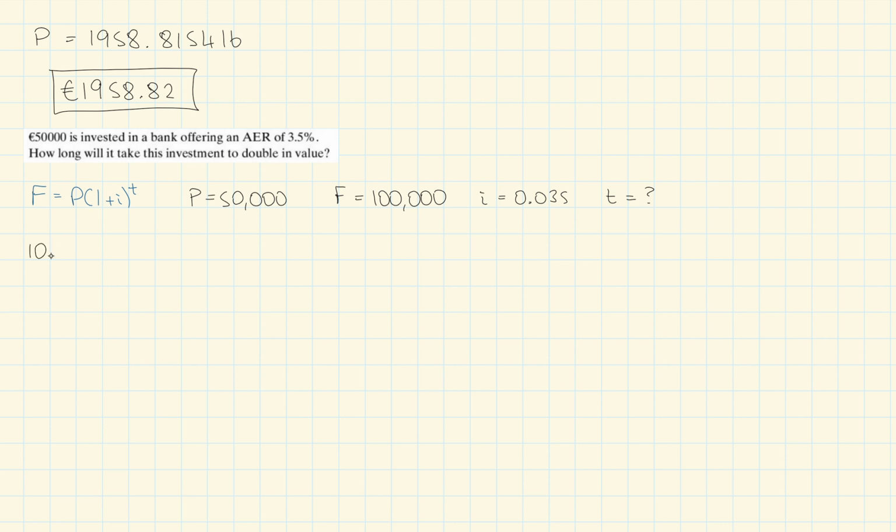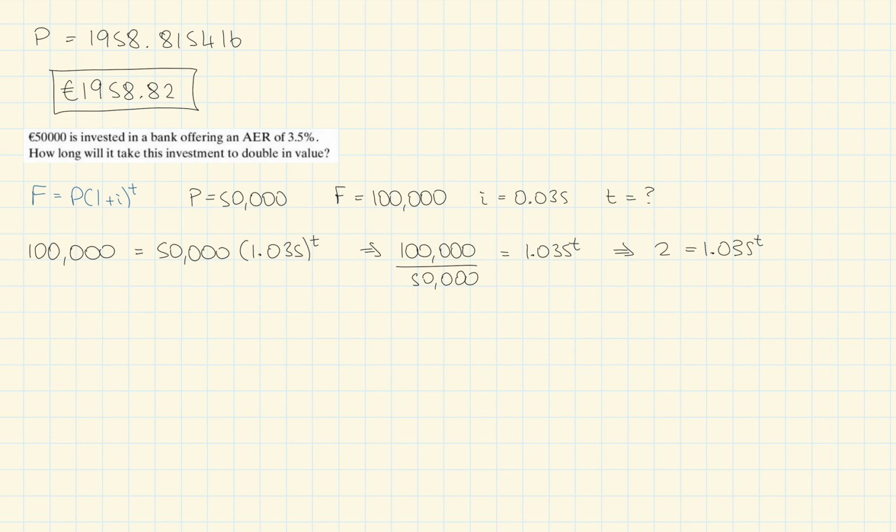So we get 100,000 equals 50,000 times 1.035 to the power of t. I'll divide across by 50,000. So we'll get 2 is equal to 1.035 to the power of t.